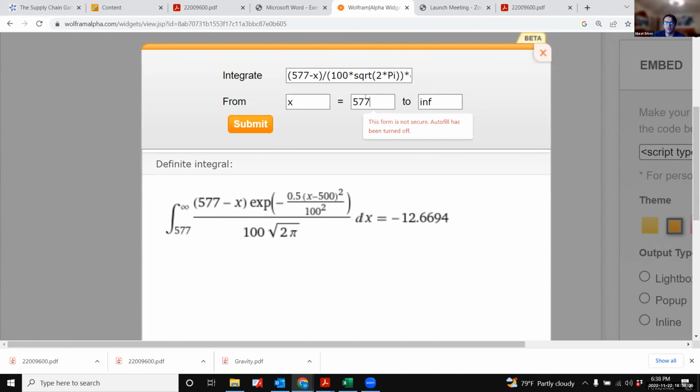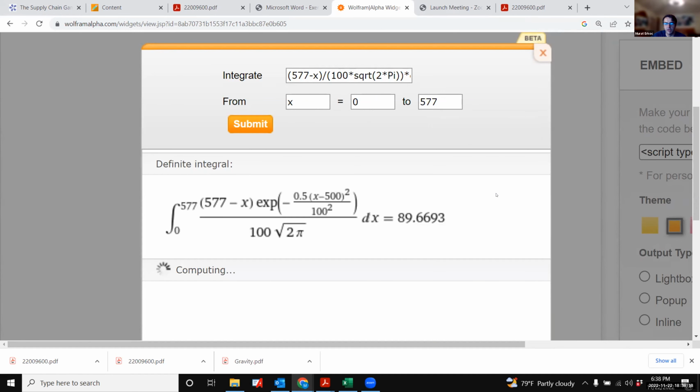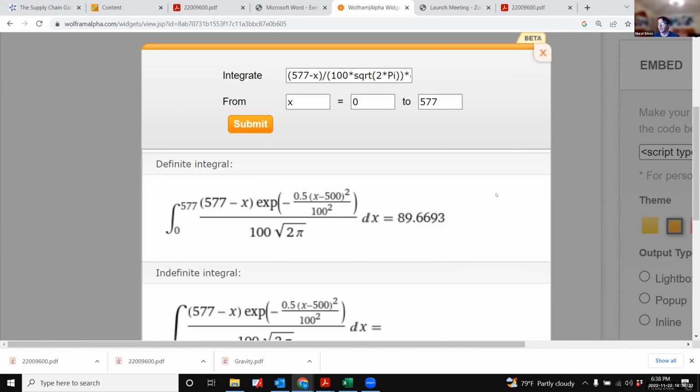I'm sorry, no, it's from 0 to 577. The buyback happens if I don't have enough, right? So yeah, now it makes sense. 89.66 or 89.67. So I can now go back to my iPad and plug the number back in.